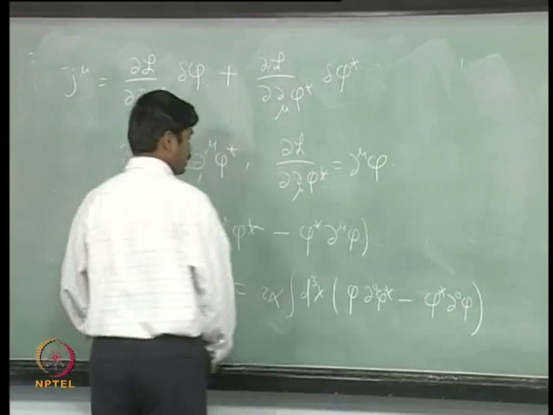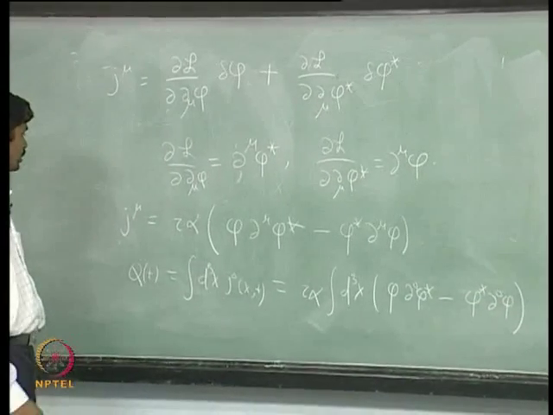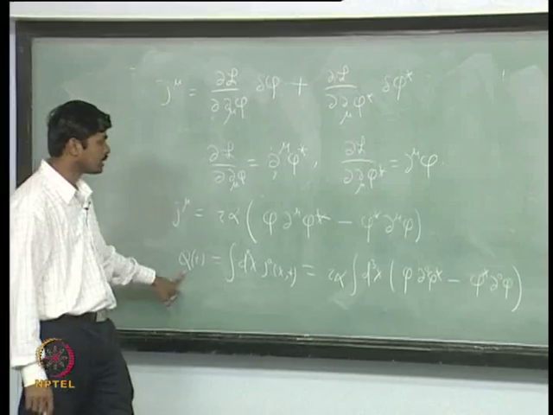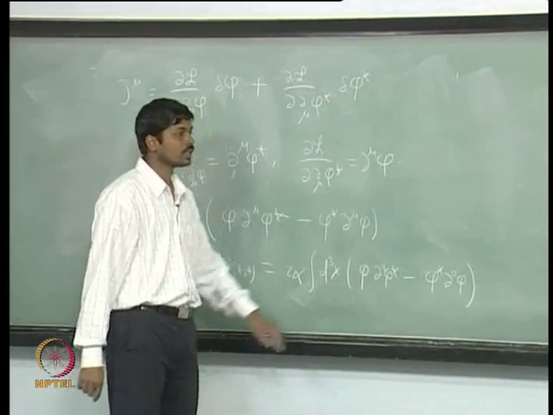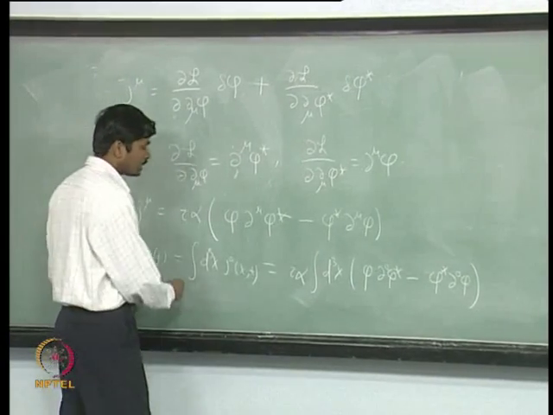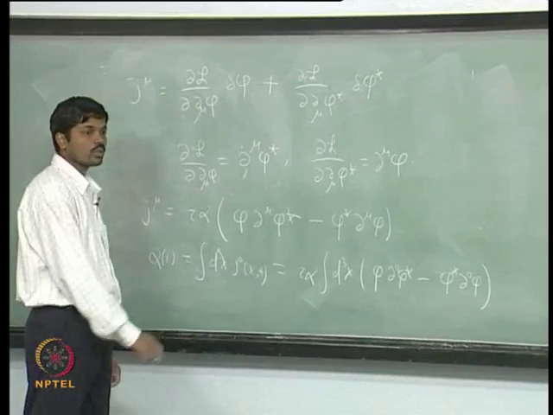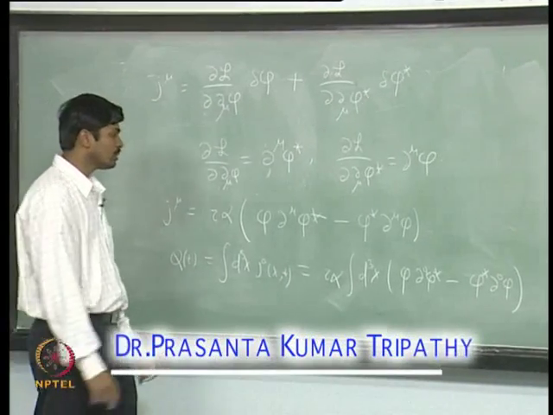All right, so this is the quantity which remains conserved as a consequence of the continuous global symmetry.